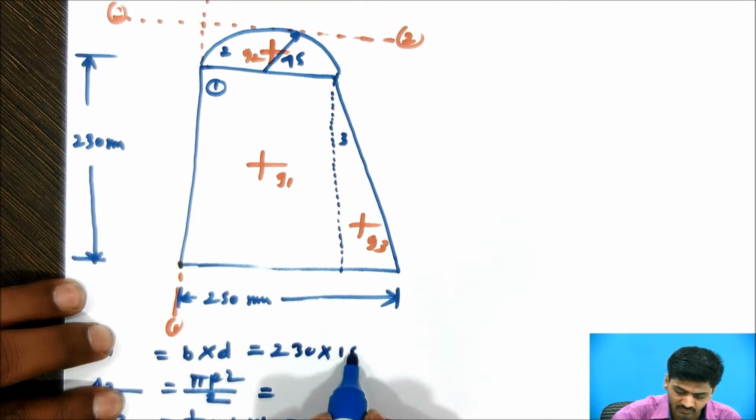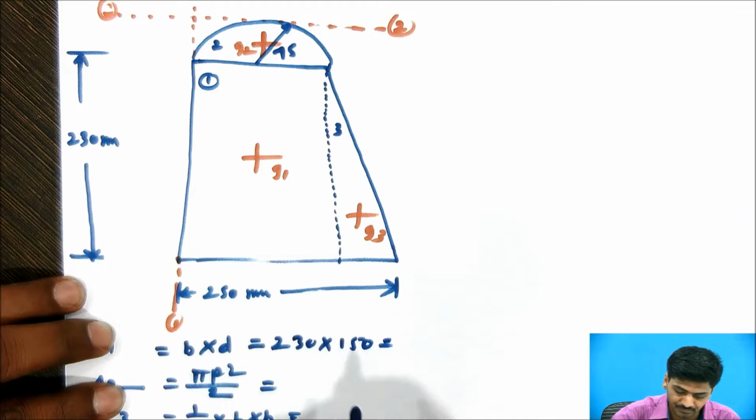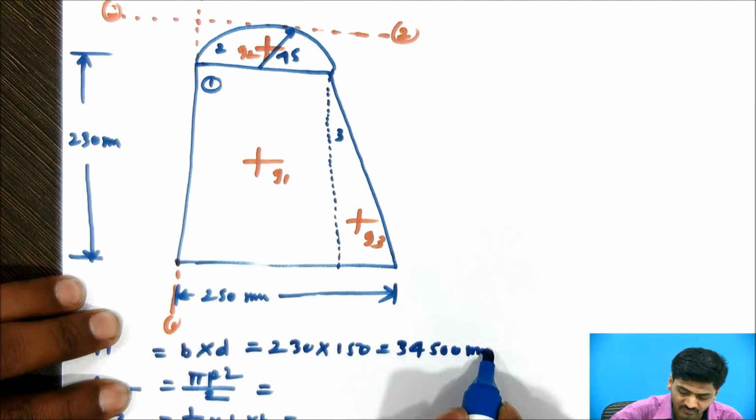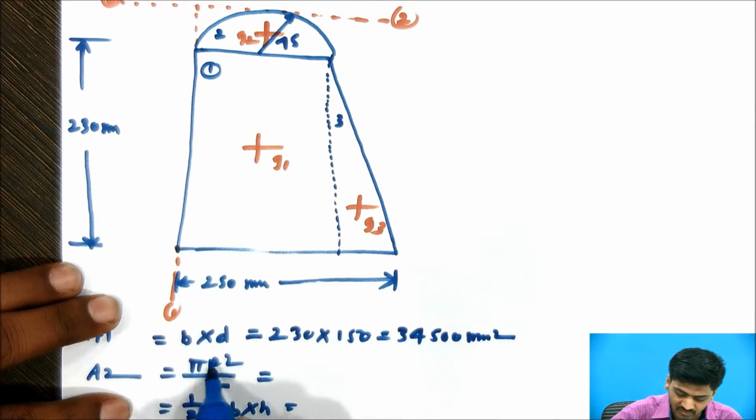230 into 150. This is the area you will get regarding your rectangle, 34500 mm square. Find out the area of semicircle. This is pi into 75 square divided by 2.